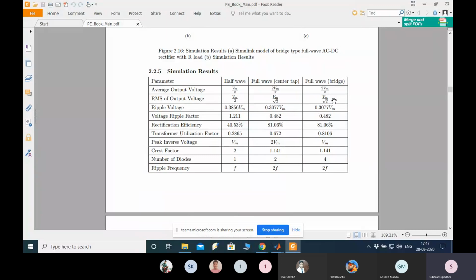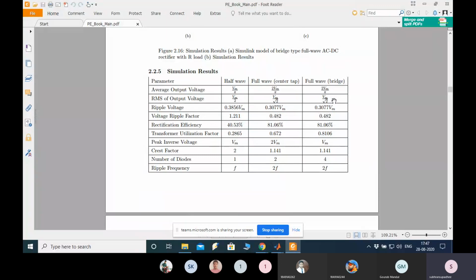Voltage ripple factor is 1.2, which is pretty high, but in full wave center tap and full wave bridge it is around 48%, whereas in half wave it is 121%. The rectification efficiency for half wave is 40.53%, whereas in full wave it is 81.06%. That's exactly double of the half wave.